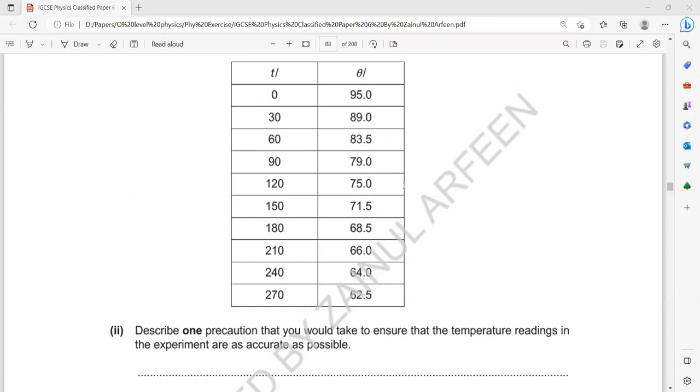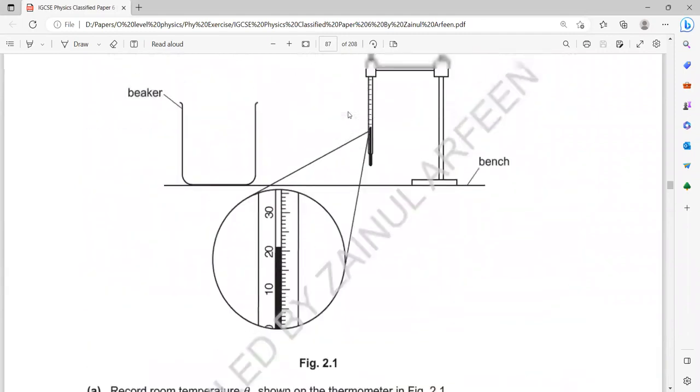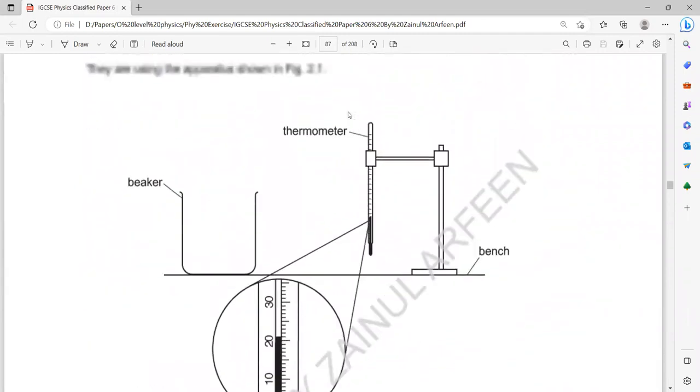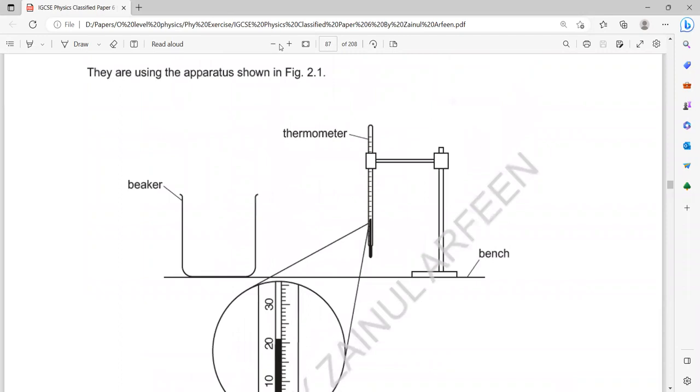And you should stir before recording the reading, because there should be a uniform transfer of heat energy throughout. The thermometer should not touch the base or the wall of the beaker. These are the precautions you should always take whenever you are measuring a temperature using a thermometer.